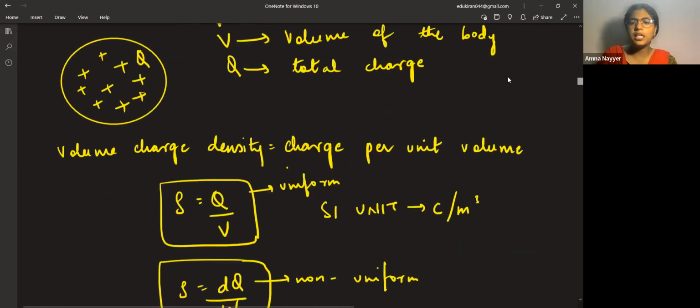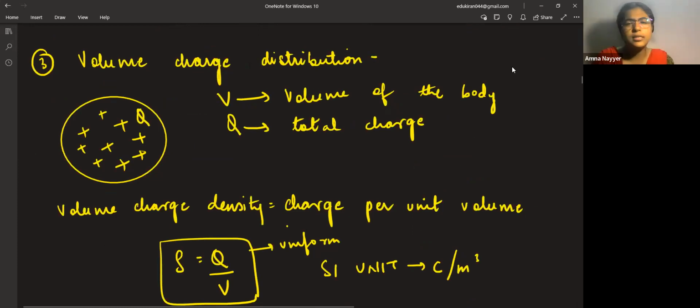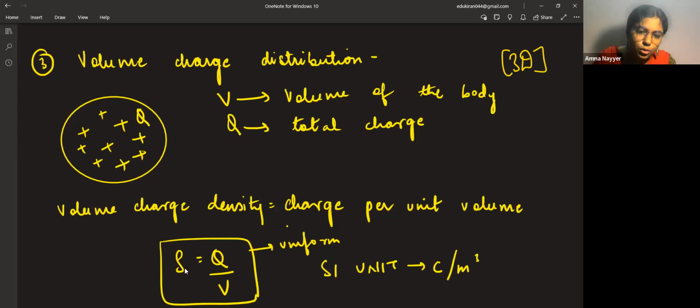Last one is volume charge. Let me discuss this also, because this is also very easy. Once you have understood the first one, the other ones are easy. This is in 3 dimensions now. Length, breadth, height. Volume comes into action. So charge per unit volume. We represent this through the symbol rho. Lambda for the first one, linear charge. Sigma for the superficial or surface.